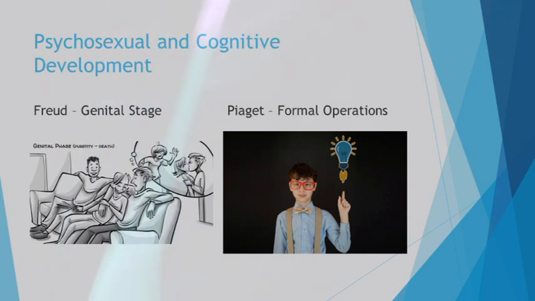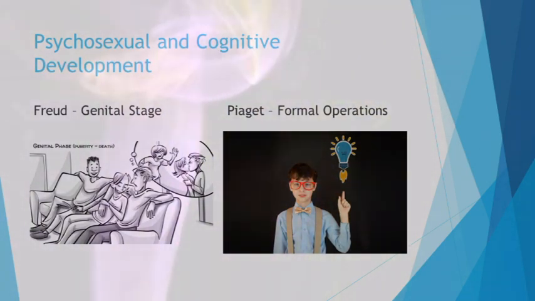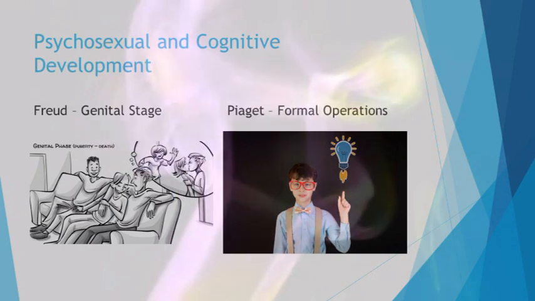And when you have successful resolution of these internal conflicts going on within the child, this leads to the development of mature sexual identity and the ability to form healthy, intimate relationships.